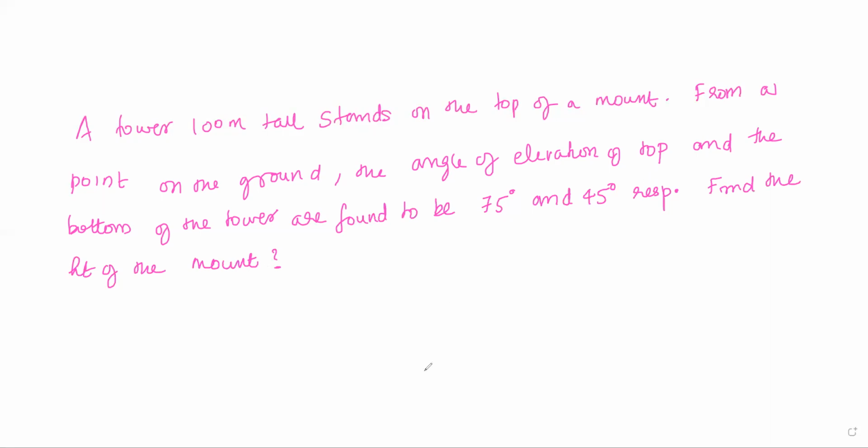So there is a tower standing on the top of a mount. So this is the mount. The tower is standing like this, and the tower is 100 meters tall. And from a point on the ground, so this is the ground, the angle of elevation of the top and the bottom of the tower.